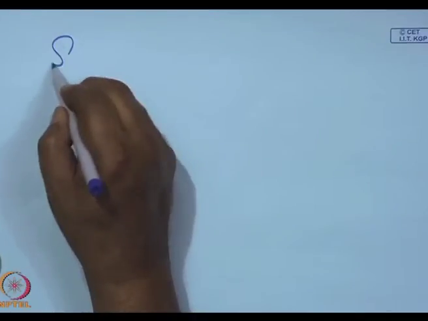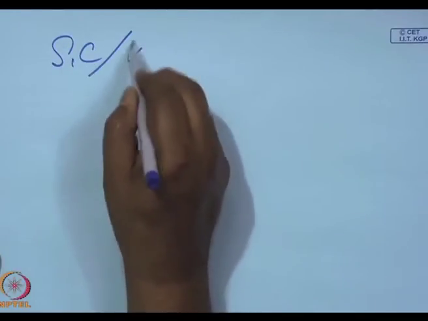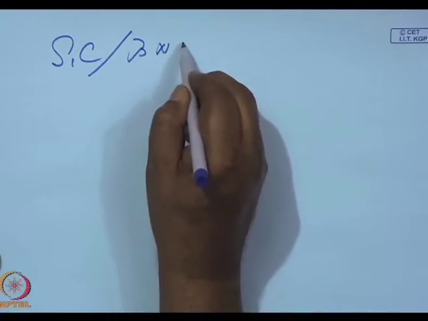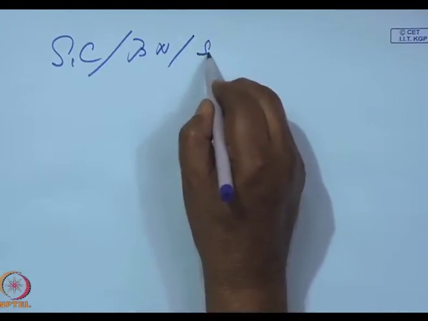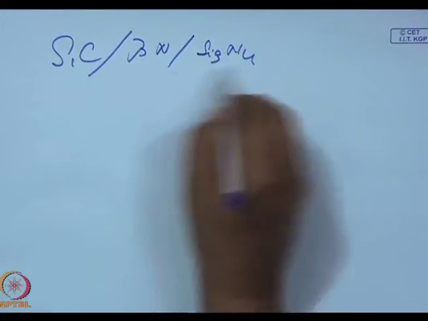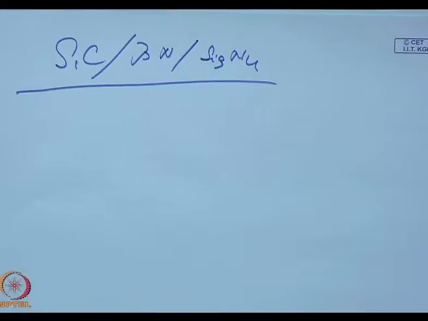Like, say, silicon carbide, boron nitride. It can also be silicon nitride.